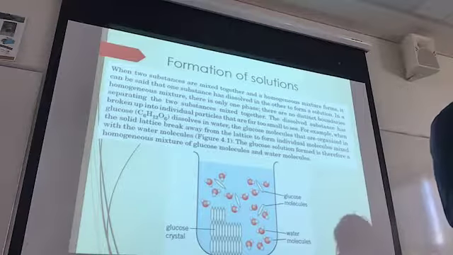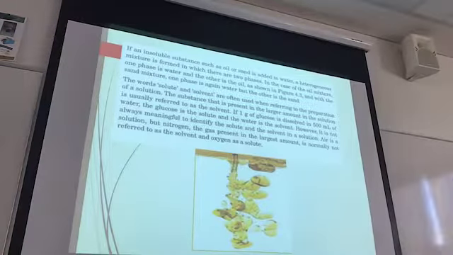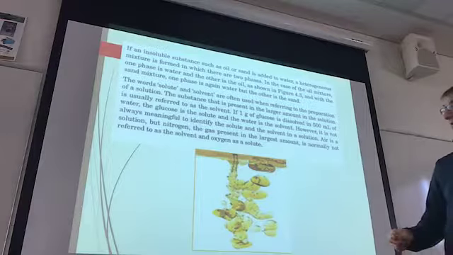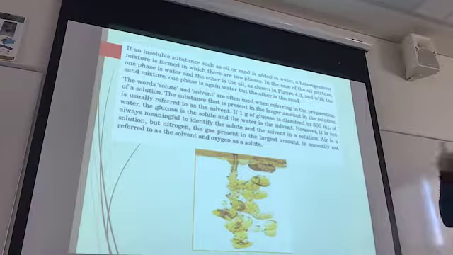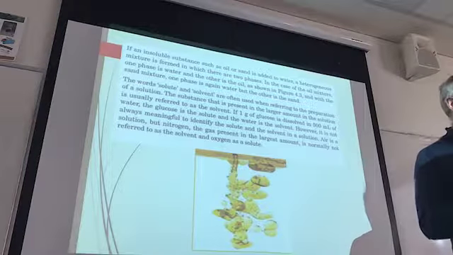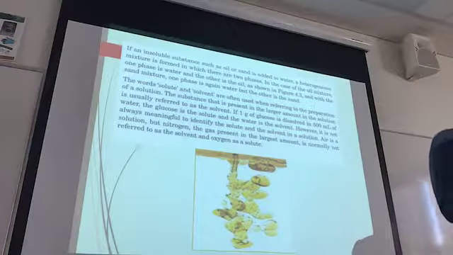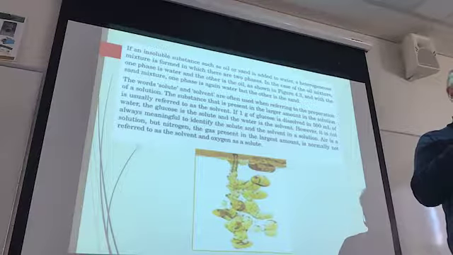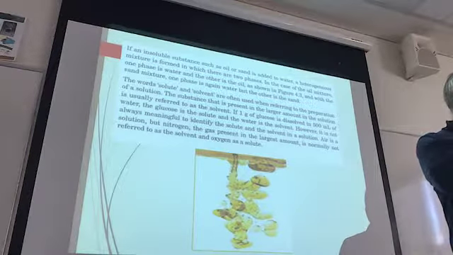The other example, when we may mix two different substances together, if they're insoluble, then we end up with a heterogeneous or inhomogeneous mixture where you still have two phases. So in this case, when you mix oil and water together, it doesn't matter how much you mix it around or stir it around, you will end up with little droplets of oil inside the water, and if you wait long enough, all the little droplets of oil join back together again.